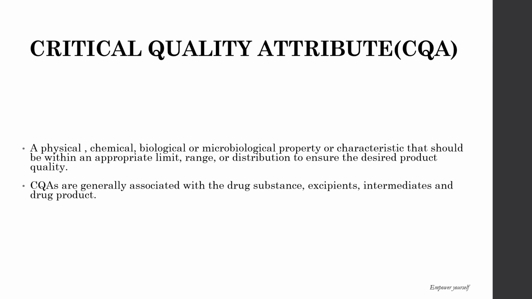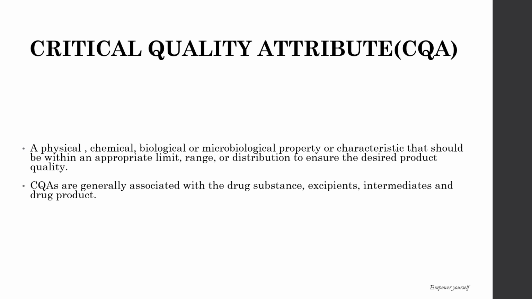So the critical quality attribute will help in achieving the final dosage form, and it should be within the desired or established appropriate limits. So the critical process parameters and critical quality attributes are together interlinked.